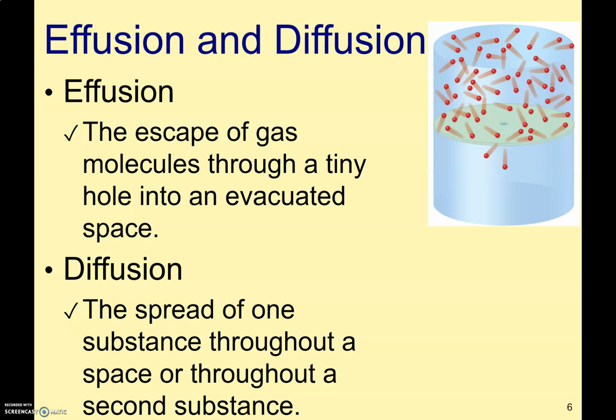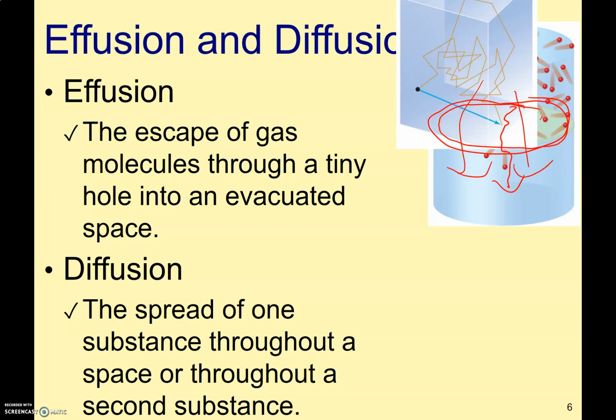So let's say there's a barrier right here. Effusion is like there's a small hole, and how fast the particles can go through the small hole. Diffusion would be if you remove the barrier completely, how they would spread or diffuse into the empty space.